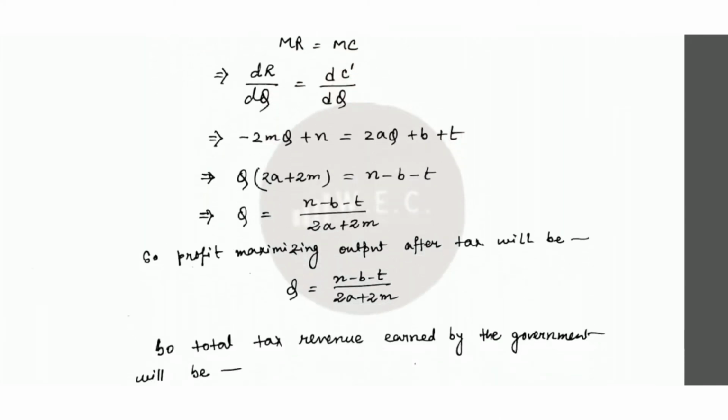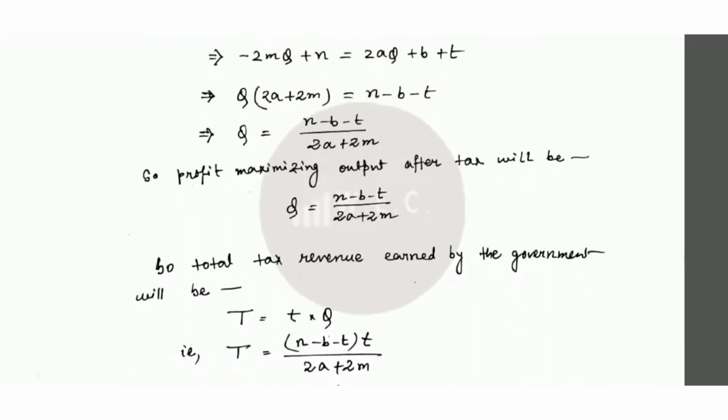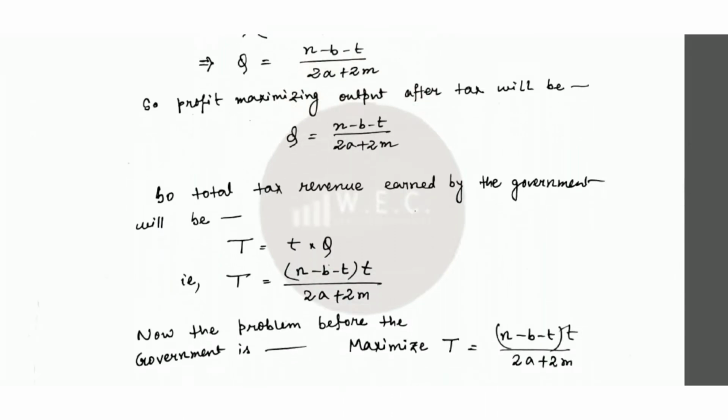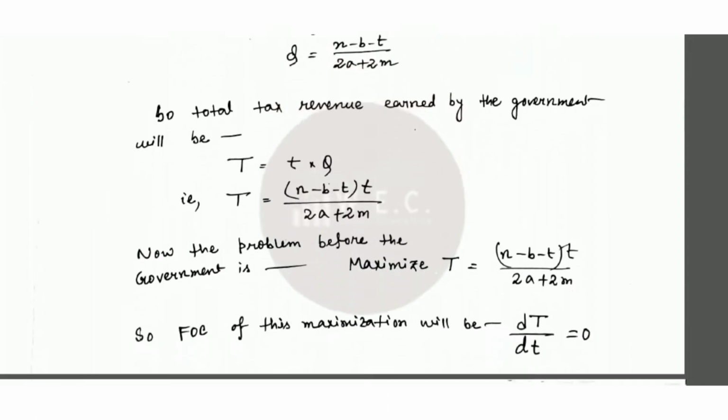Then the total tax revenue earned by the government will be t into Q. If total tax revenue is denoted by capital T, then capital T will be equal to small t into Q. We already have the value of Q, so put the value of Q in its place and multiply it with t. So we'll get the total tax revenue.